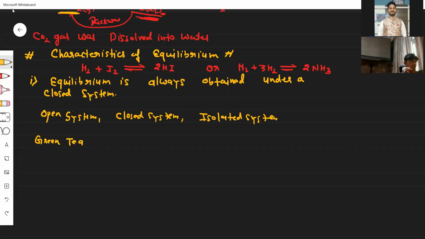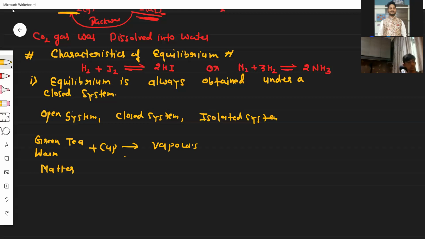It's warm. When you put it in the cup, you'll find the vapors are getting removed. So when the vapor gets vaporized, the amount of green tea will decrease, because the water is getting vaporized.